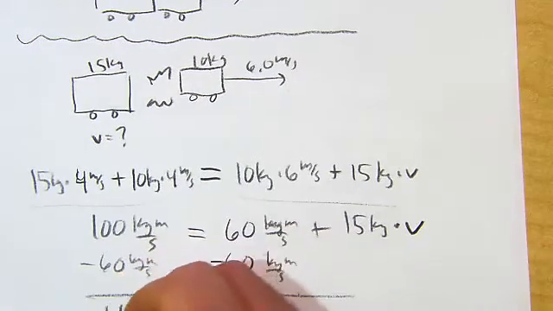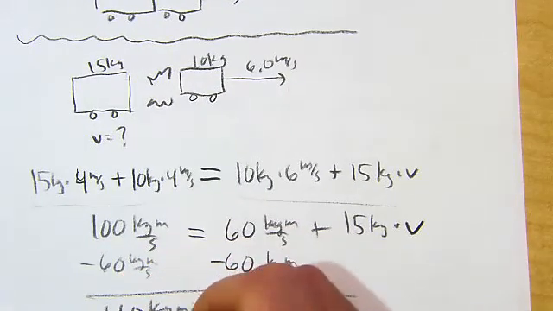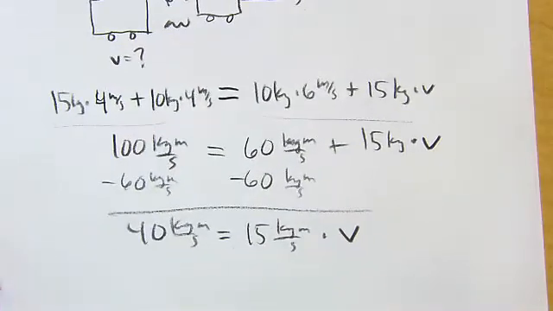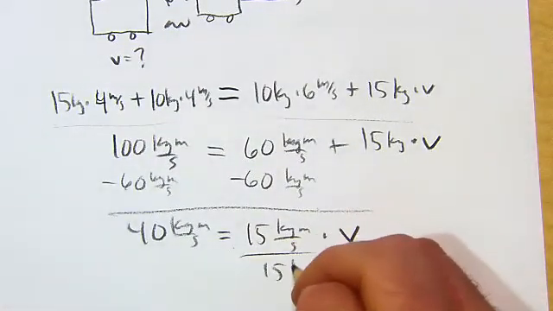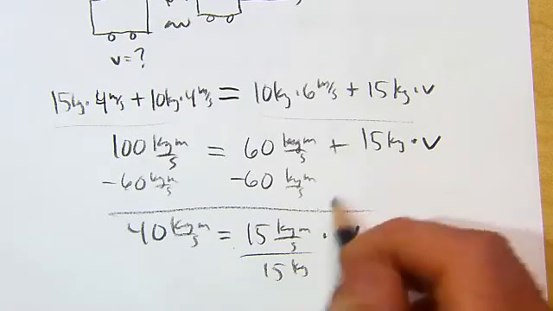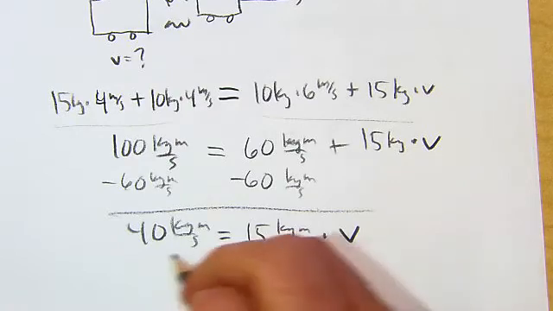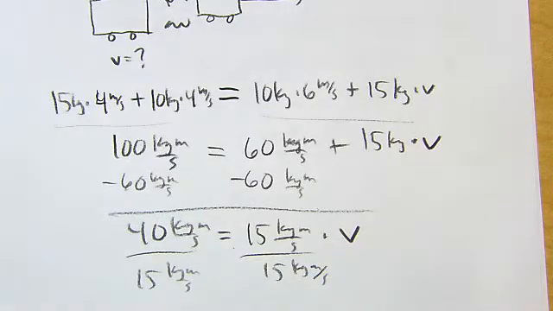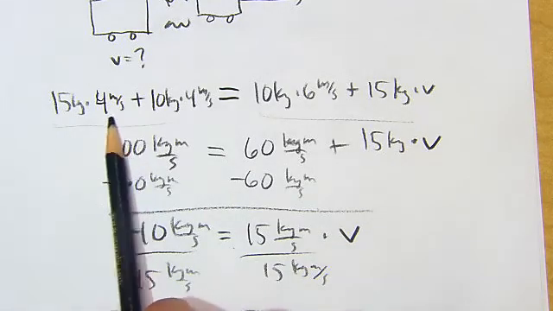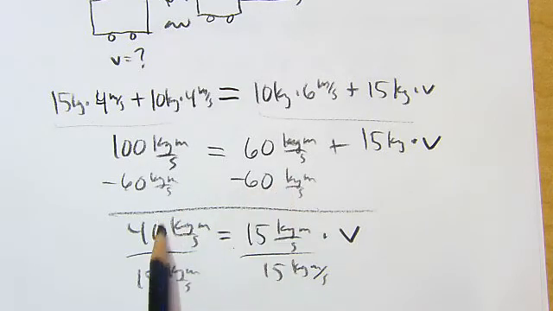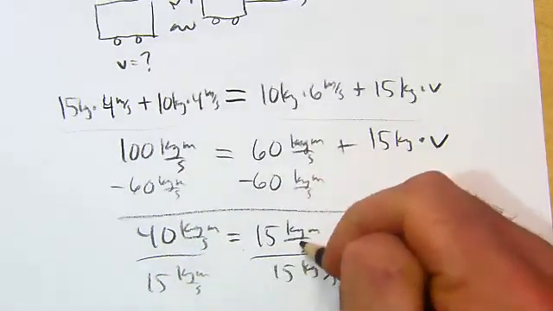So we got 40 equals 15 V. Divide by 15 is the last step. I feel like I screwed something up because my units are all going to cancel here. Doesn't make sense. What did I do? 40 kilogram meters per second. Oh, this is just kilograms here. My bad.